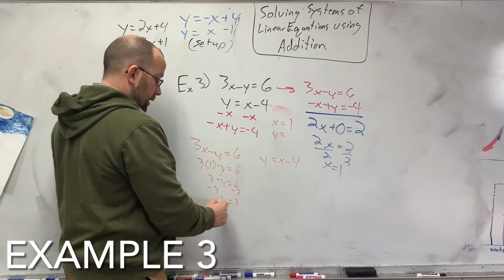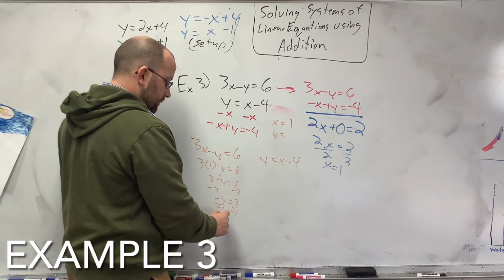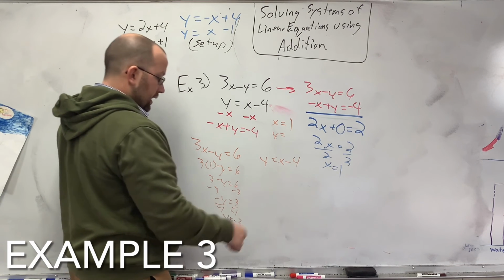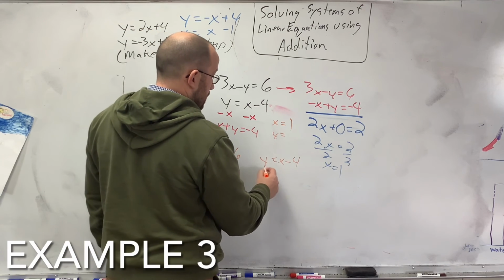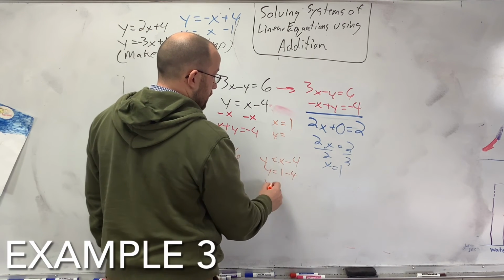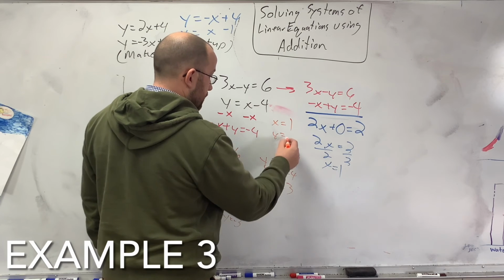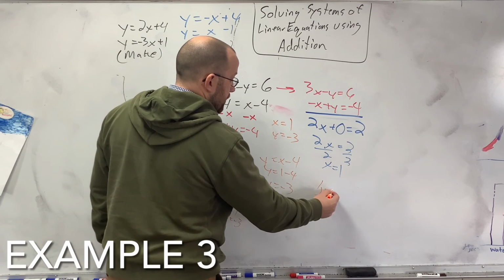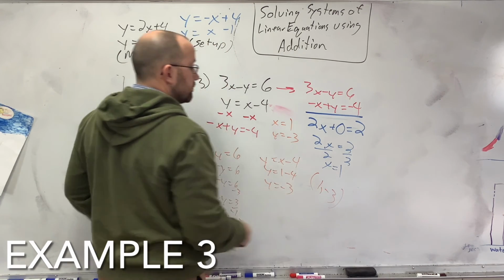Negative y equals 3. Negative 3. And there you go. So our answer is 1, negative 3.